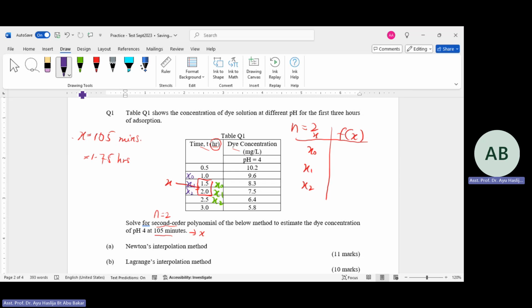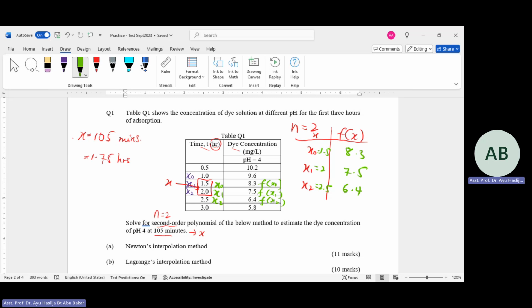Okay, so let's say we take x0 as 1.5 just now, the green color. 1.5 to 2.5. So your fx follows accordingly. Okay, list out these data points. This one will bring you half mark each. Because you need to have the correct data points, then only you get the final answer.